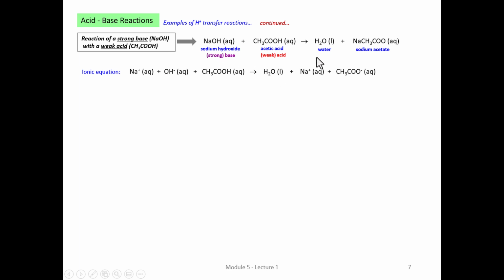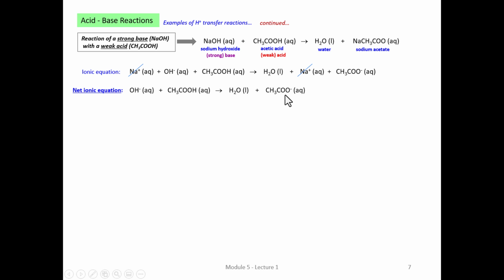On the other side we have water, which we just write as the molecular substance water, but sodium acetate is an ionic substance dissolved in water, which would mean it forms sodium ions and acetate ions. The sodium ions are spectators here, but that's all we can cross out. So the net ionic equation is that hydroxide attacks acetic acid, abstracting a proton or an H plus from the acetic acid to form water and acetate ions.